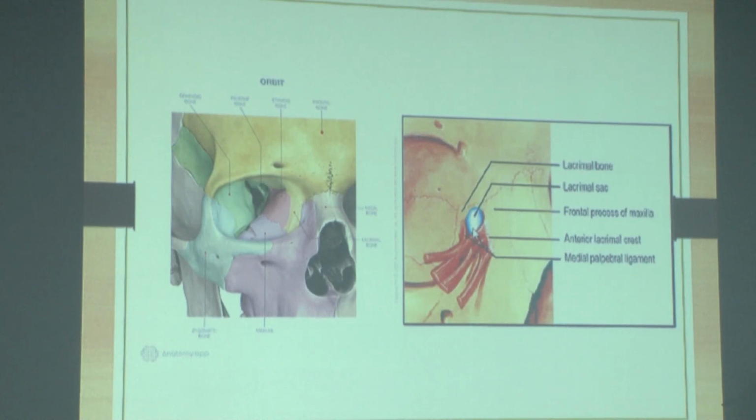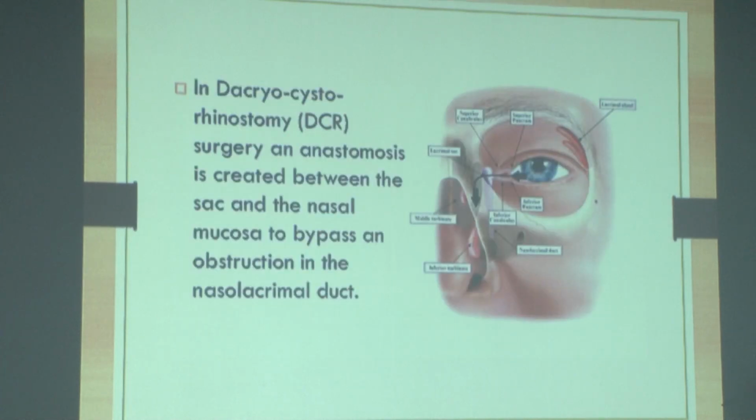We should not try to disturb this structure during the surgery, and if it is cut for better exposure of the sac, it should be repositioned where it was. DCR is nothing but making a fistula between the sac and the nasal cavity in the middle meatus.